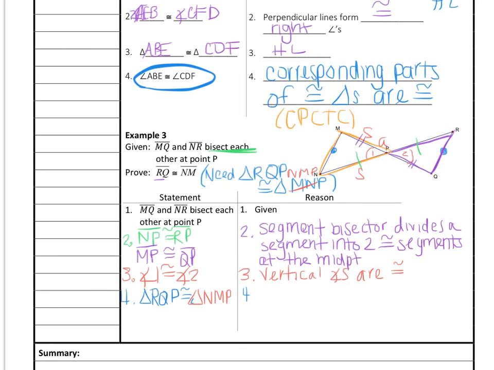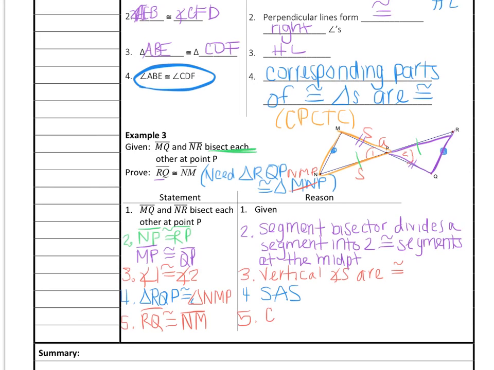All right, so back to proving the triangles congruent. We have S, A, S to prove those two triangles congruent, because the angle is between my two sets of sides. So then last and final step, because I know that the triangles are congruent, I now know that RQ is congruent to NM. And this is because of that crazy long reason.